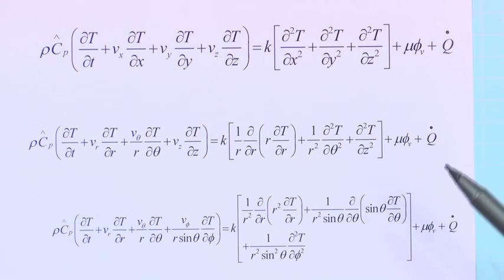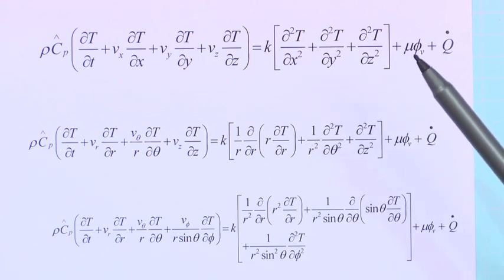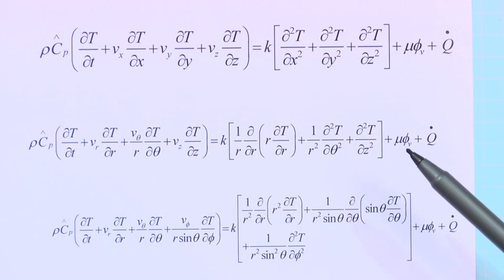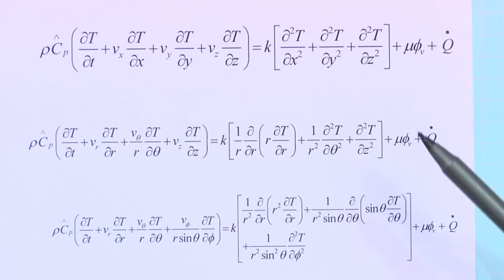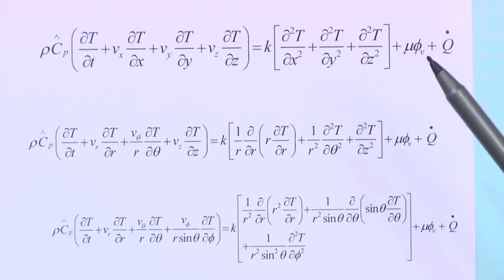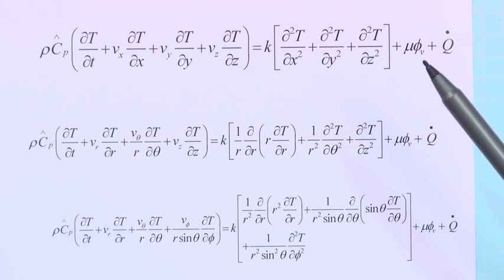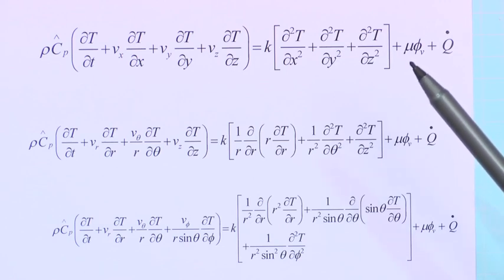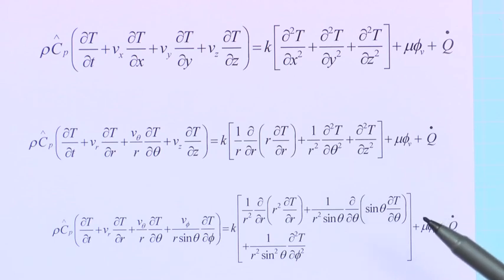It is easy to identify the viscous dissipation term in the energy equation by the appearance of viscosity mu with all such terms. So, in the expanded form of the equation, where the complete form of phi v is included, you should be able to identify them as energy generation by viscous dissipation, because of the appearance of mu in all those terms.